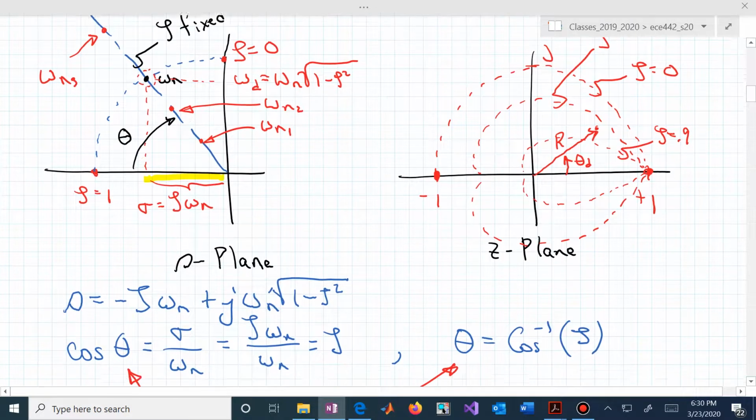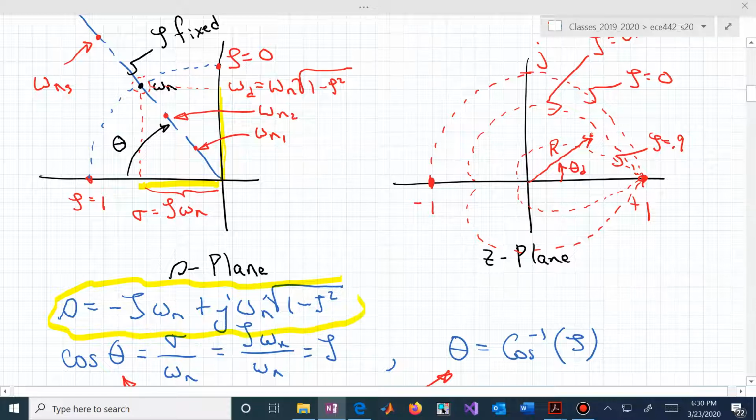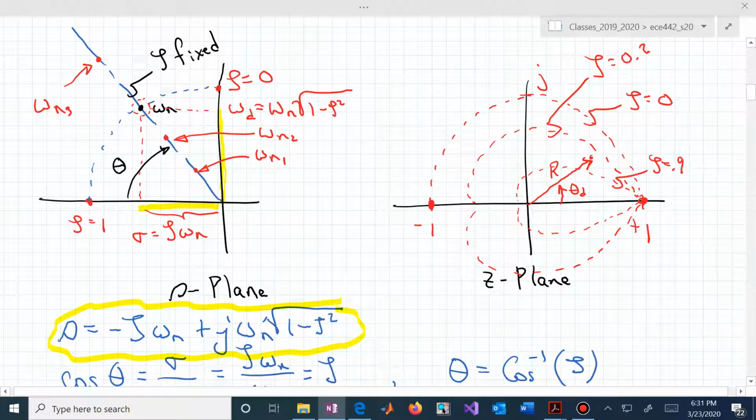The imaginary component of that pole is now this distance, which is omega sub d, or omega sub n square root of 1 minus zeta squared, where omega sub n is the hypotenuse of that right triangle formed by the real component and the imaginary component. That's this location in the complex S-plane.